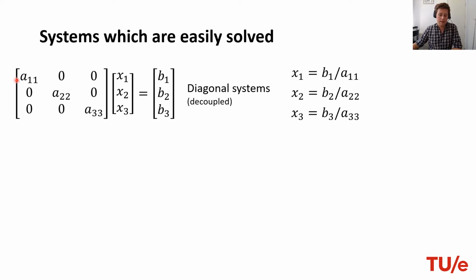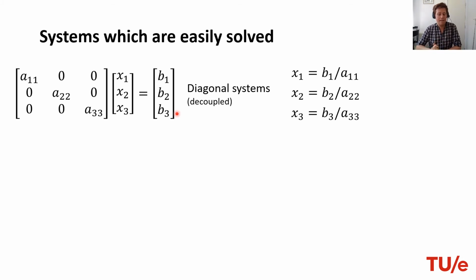Because if we read this from left to right, we see that A11 times x1 is equal to b1. And the same holds for the other rows. For example, in row 2, we have that A22 times x2 is equal to b2. So solving these diagonal systems, in which the linear equations are decoupled from one another, simply comes down to solving many single equations which are not dependent on each other.